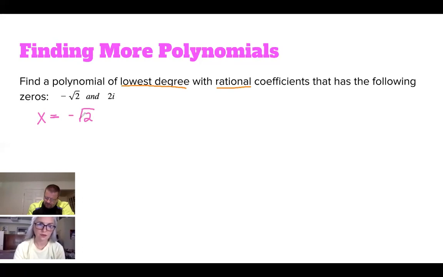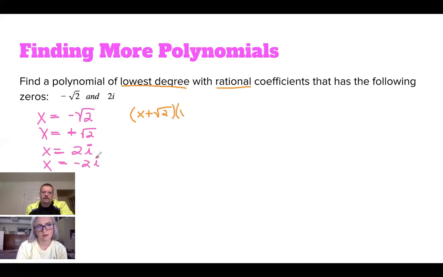But because it's a negative square root of 2, I also have to have the positive square root of 2 because of the conjugate pair. Complex or radical solutions always come in conjugate pairs, right? And then if x is equal to 2i, what is the conjugate pair for 2i? It is negative 2i.